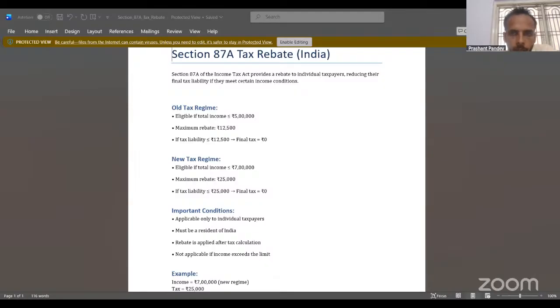The different bodies that look after the tax provisions in India, which are responsible for imposing penalties, all the regulatory bodies that regulate the tax structure and tax mechanism in India. We'll be covering them in the next class tomorrow. So this is what we have covered today.